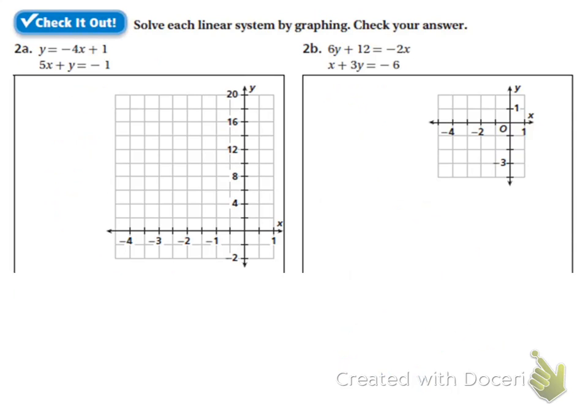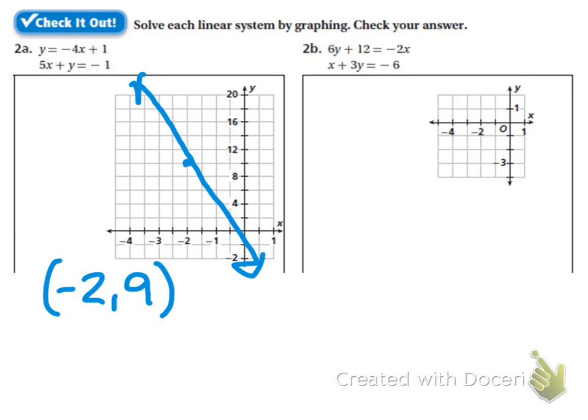Okay, 2A, we should have gotten that the solution appears to be negative 2, 9. And then when you graphed your lines, they should have crossed right here. So you had one slightly like this and one slightly like that.